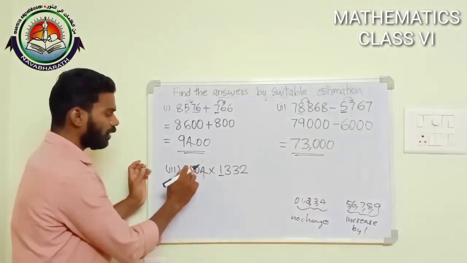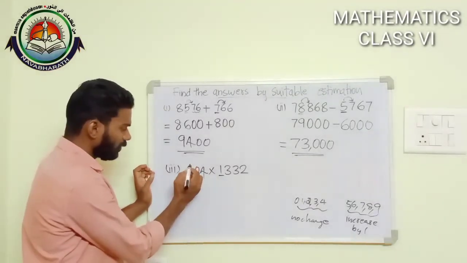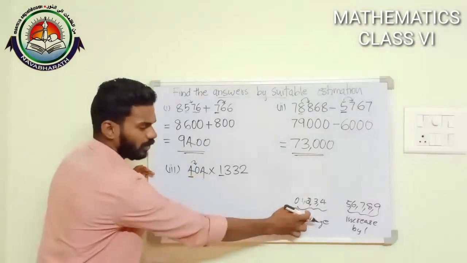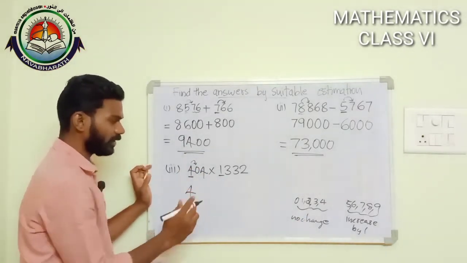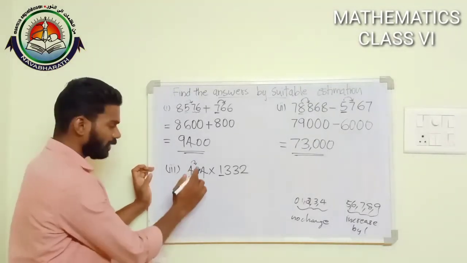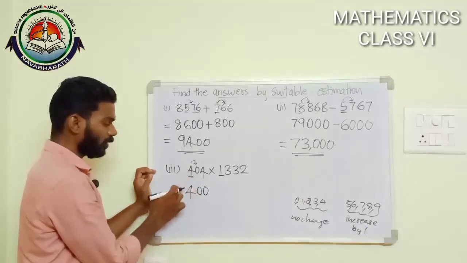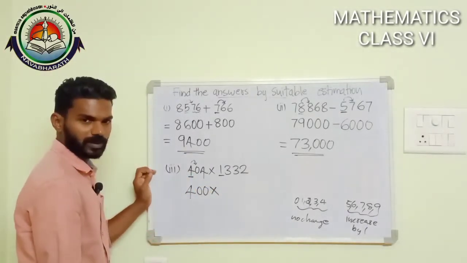If we round off to the nearest 100, what would be the answer? Here it is 4 and the next digit is 0. 0 belongs to the first group. There is no change for 4. 4 is written as 4 itself. Now the remaining digits would be 0, 0. This would be the round off to the nearest 100. Then there is a multiplication sign.